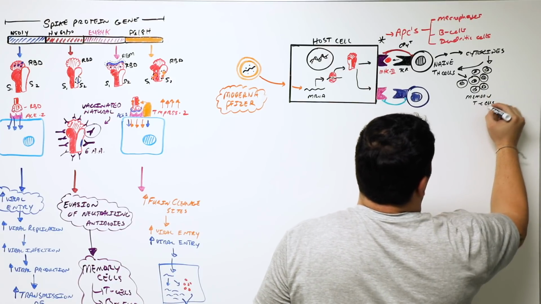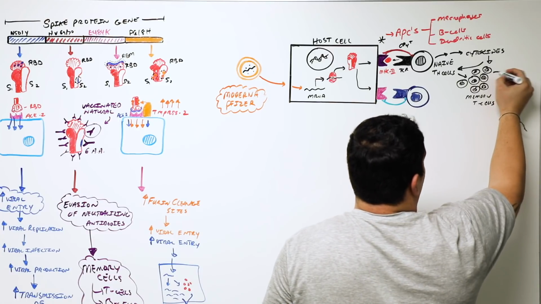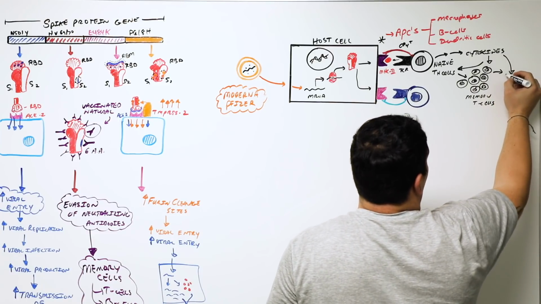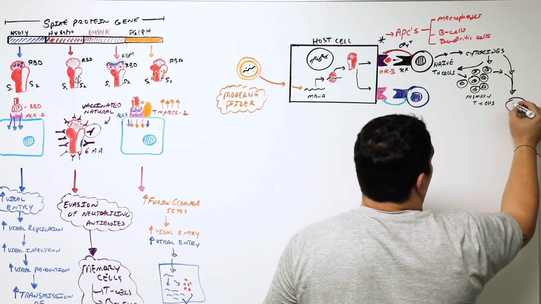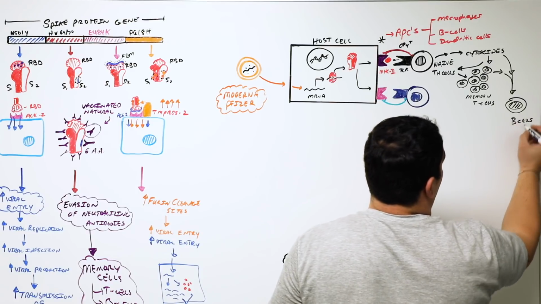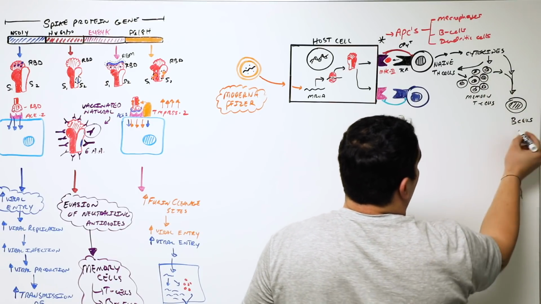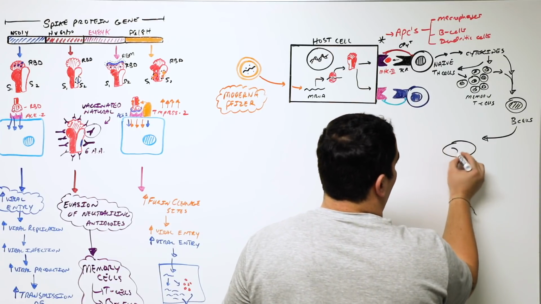The other thing that we know happens here is that these T cells will also release more cytokines. And these cytokines, what will they do? They'll go and activate another set of cells. These cells are called B cells. These B cells, from these cytokines, will get converted into very interesting cells called plasma cells.